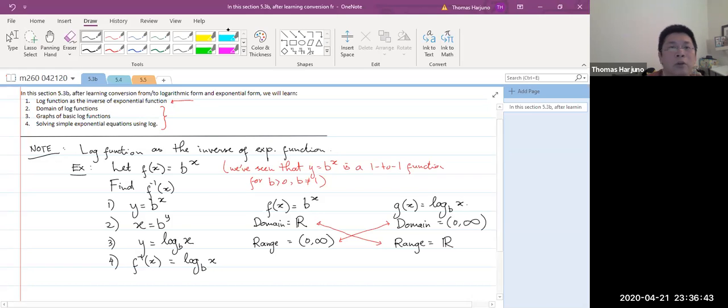So basically, we can say that the argument of the log has to be strictly positive. Okay, if I combine these two ideas here, then x has to be strictly positive.